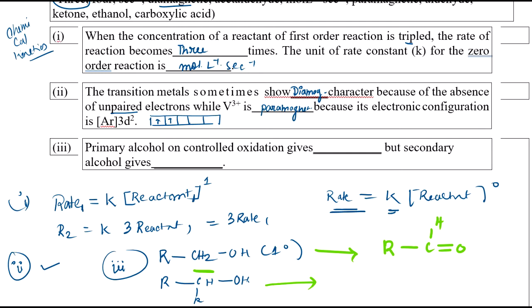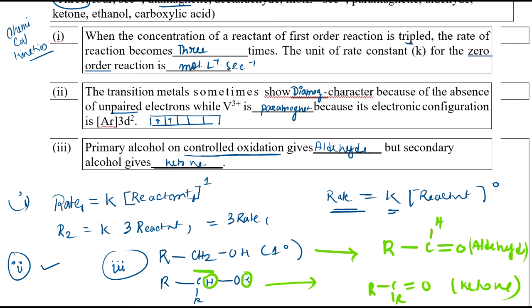But in secondary alcohol, one hydrogen from carbon and one hydrogen from oxygen will go out, and no hydrogen remains with carbon. That's why the first one forms aldehyde and the second forms ketone. So primary alcohol on controlled oxidation gives aldehyde, but secondary alcohol gives ketone. If it is not controlled oxidation, both of them will give you the acid. It will not stop at aldehyde or ketone.